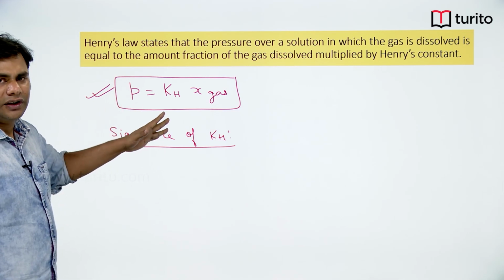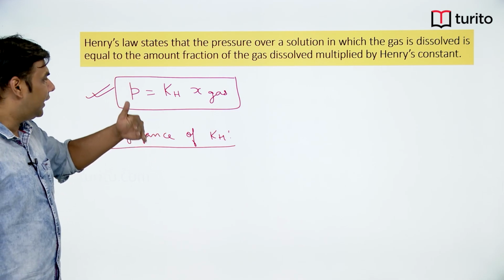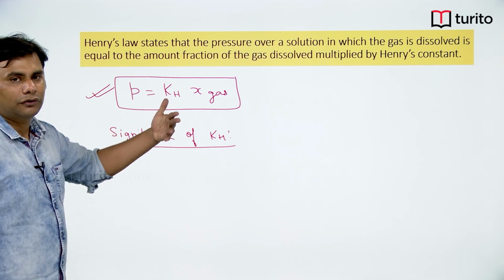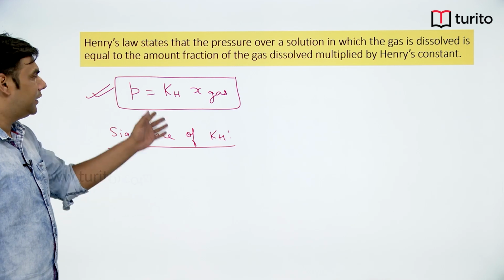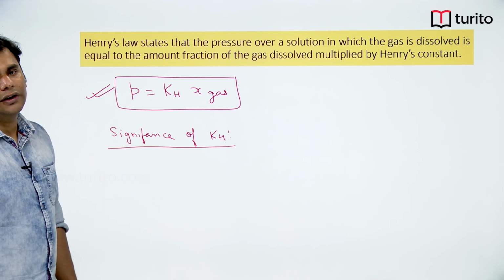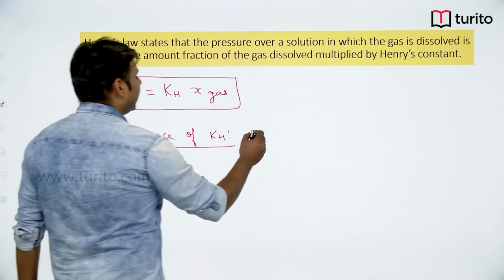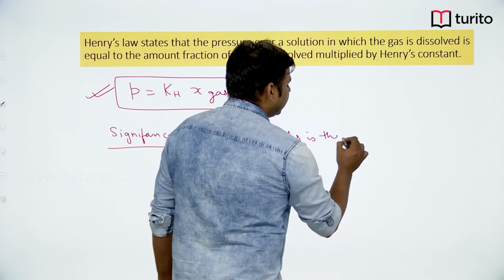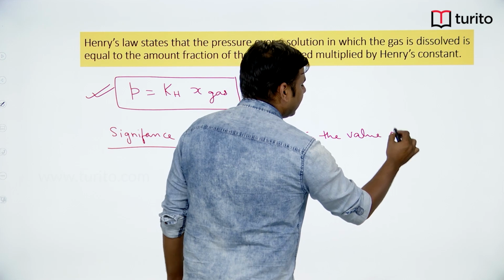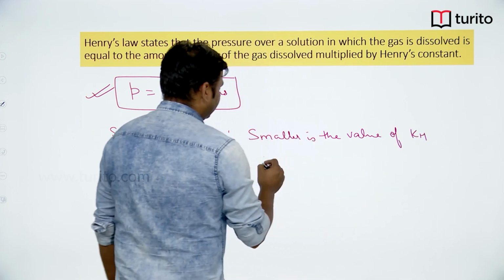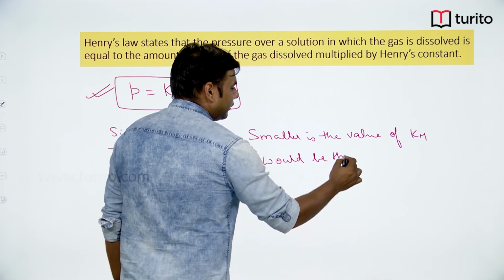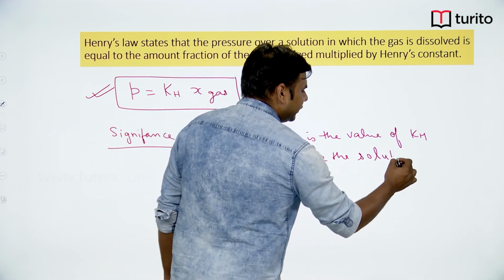If we fix the pressure, if at a particular pressure the gas is dissolving more, so the mole fraction of gas in the liquid would be more, hence we will say that smaller would be the value of Kh. So we say that smaller is the value of Kh, more would be the solubility. Okay, hope this is clear to you.